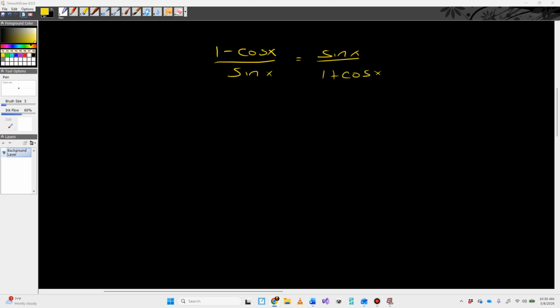So what do we do? Well, we look at things. We look at what we can do. I look at the fact that maybe I could split 1 minus cosine x into 1 divided by sine x minus cosine x over sine x. I suppose I could get somewhere with that, but I just don't necessarily see how I'm going to get anywhere with that.